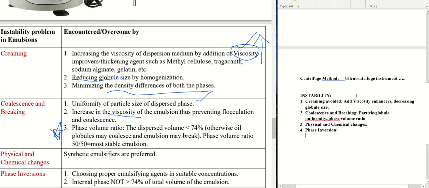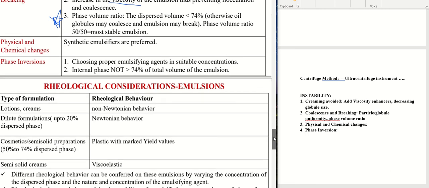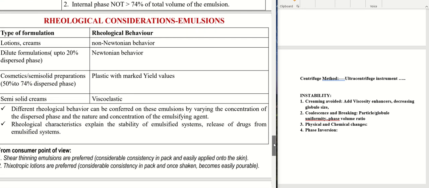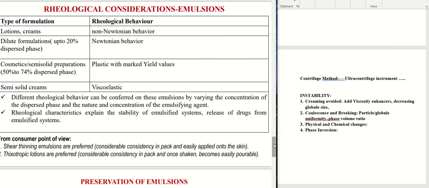Now let's see what the rheological considerations of an emulsion are. This is an important concept. Now, we being pharmacists, what is making us correlate our formulation with rheology?